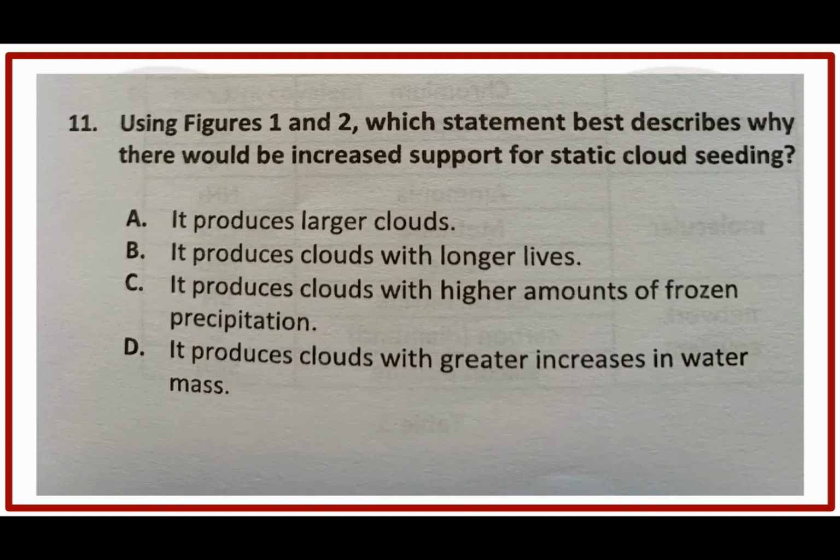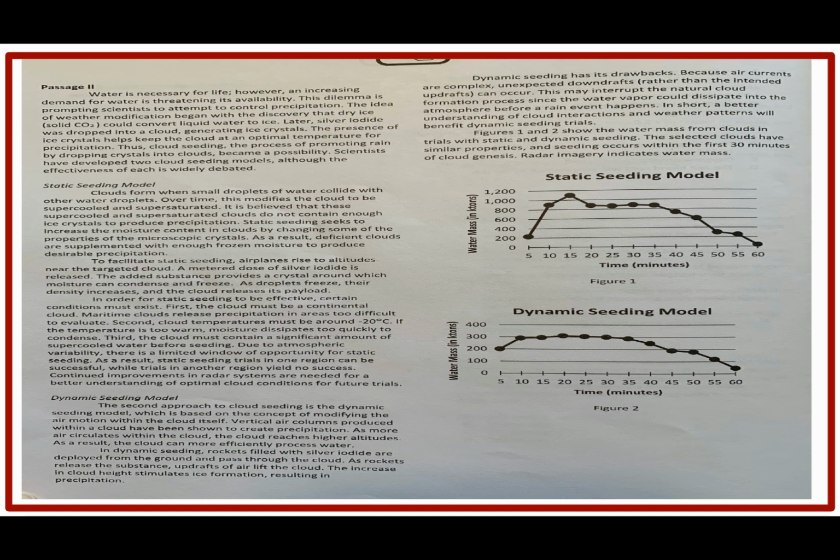All right, look at 11. Using figures 1 and 2, which statement best describes why there would be increased support for static cloud seeding? Go back, looking at figures 1 and 2, and be careful, because it's a little tricky.